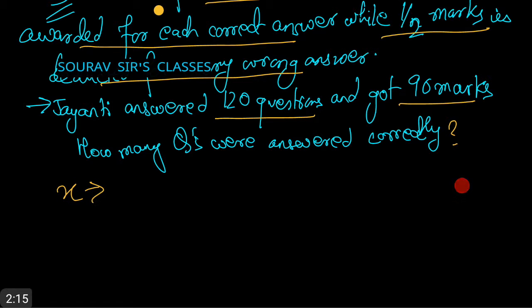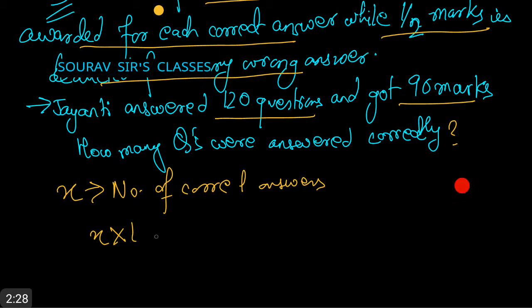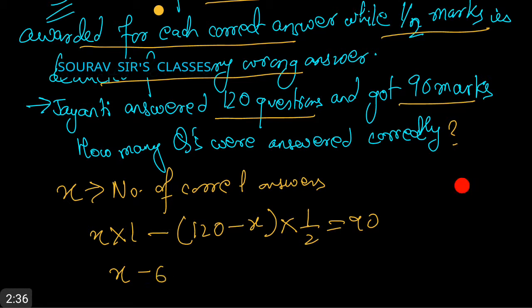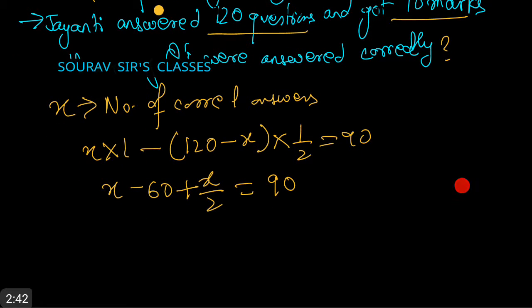Let x be the number of correct answers. Thus, according to the question, we have x into 1 minus (120 minus x) into half, which equals 90. Thus, x minus 60 plus x by 2 equals 90.